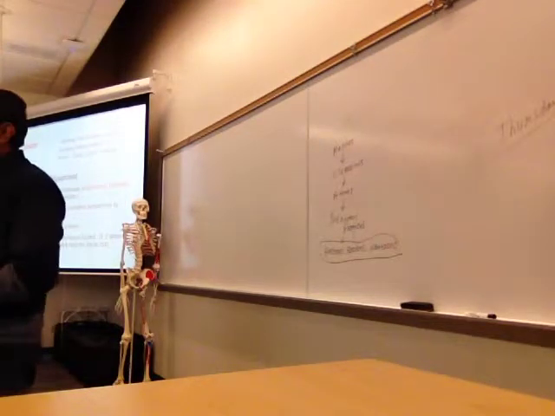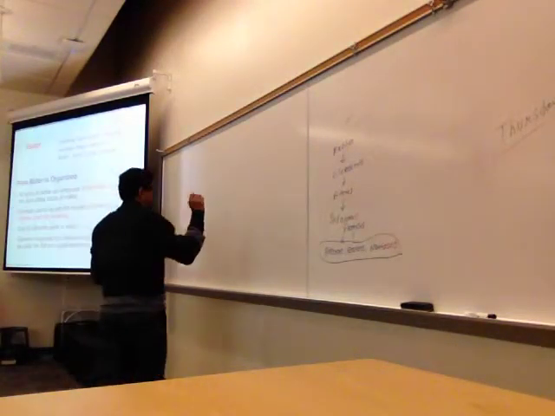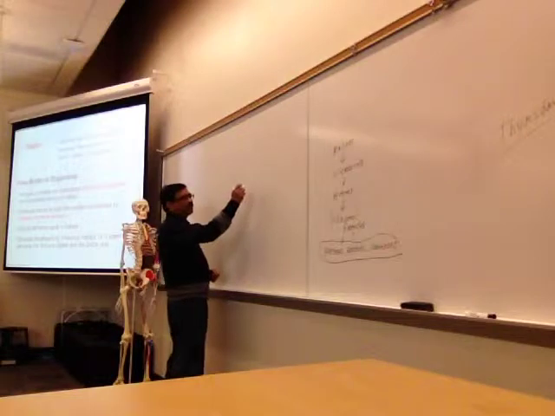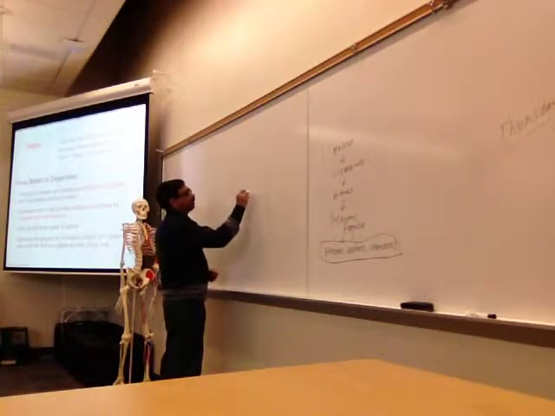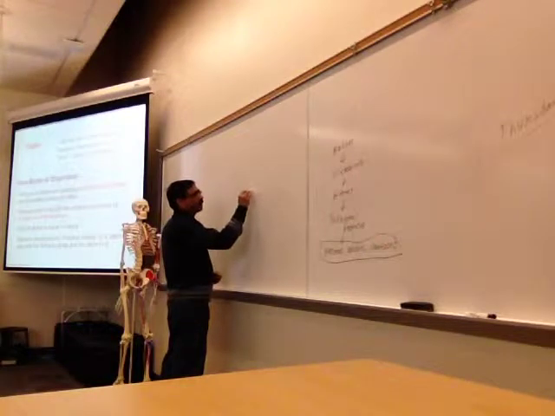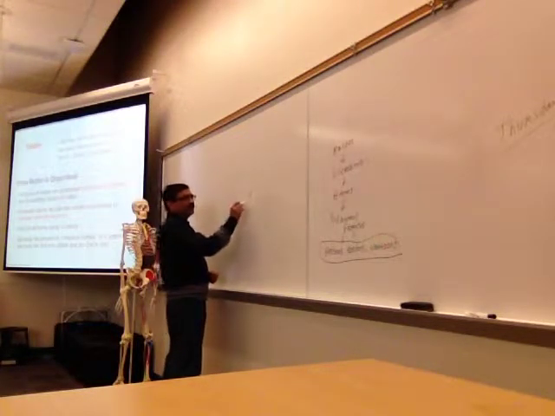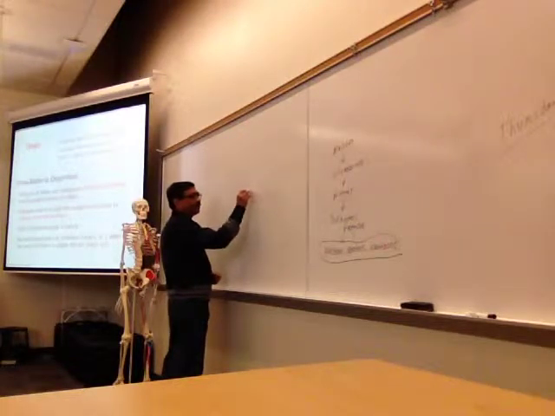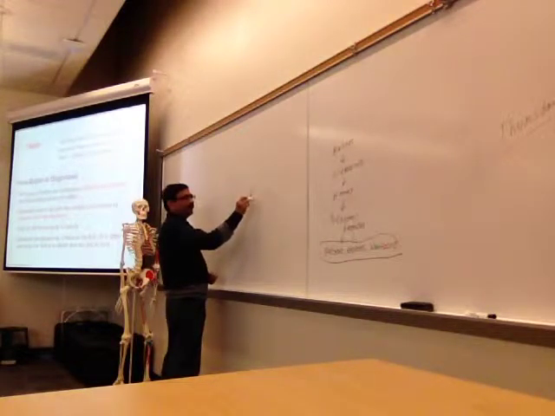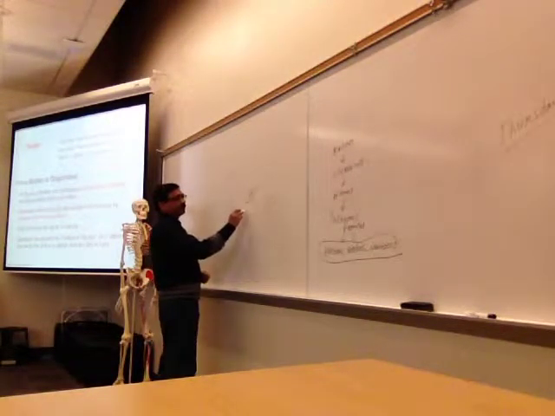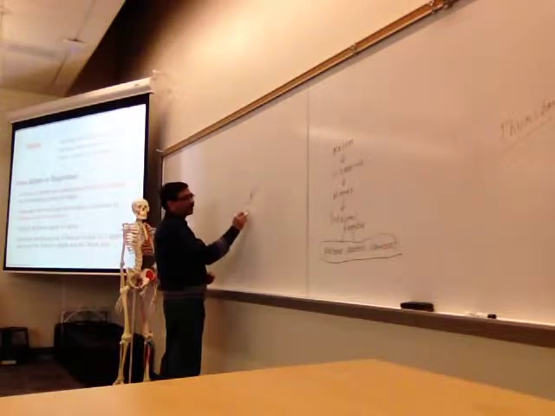Now, to indicate an element, we use one or two letters. If you use only one letter to indicate an element, that one must be the capital, uppercase. For example, nitrogen, we use capital N. But if you use two letters, the second one must be lowercase, small.